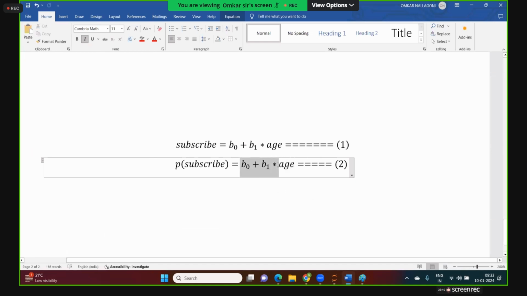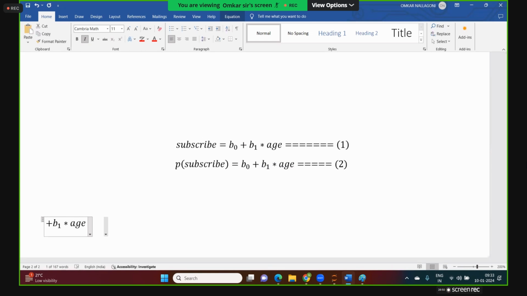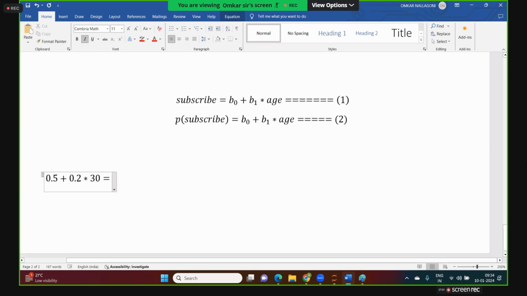Suppose beta naught, beta 1 and age values, you got something. Based on the data you got beta naught equal to, suppose, 0.5 and beta 1 equal to, suppose, 0.2, and age is equal to 30. What is the answer? 0.2 times 30 is 6, plus 0.5, so the answer is 6.5.